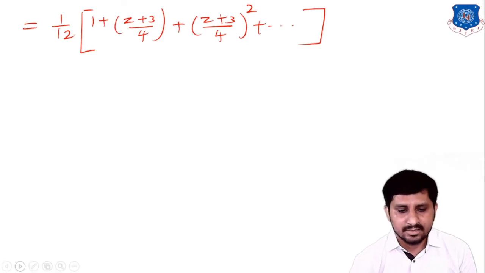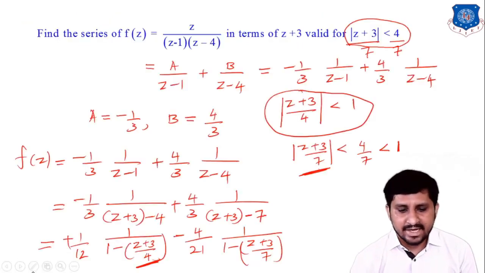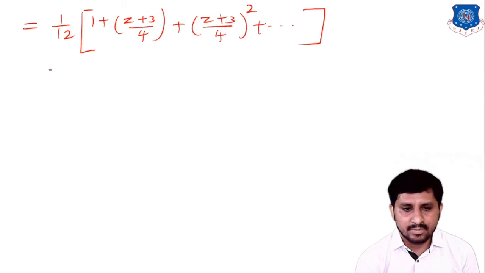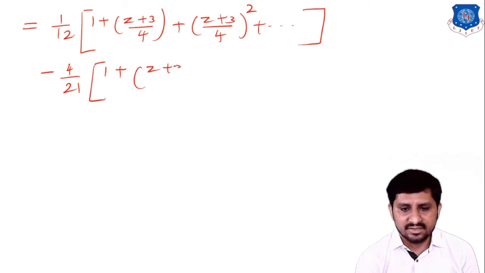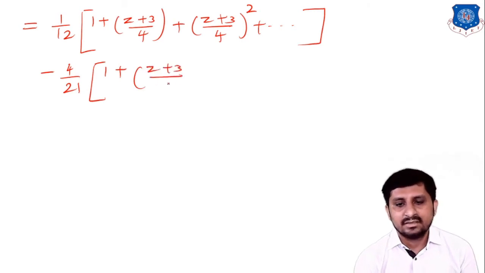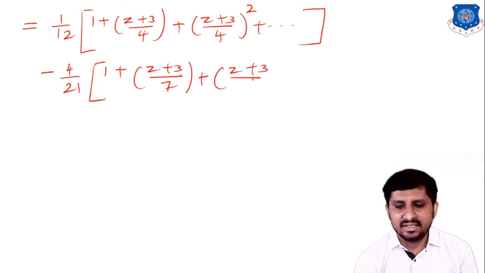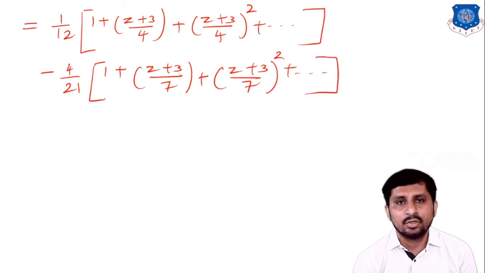And here I can write minus 4 by 21, 1 plus z plus 3 by 7 plus z plus 3 by 7 whole square, and so on. So this is my final answer, and after this you have to simplify.